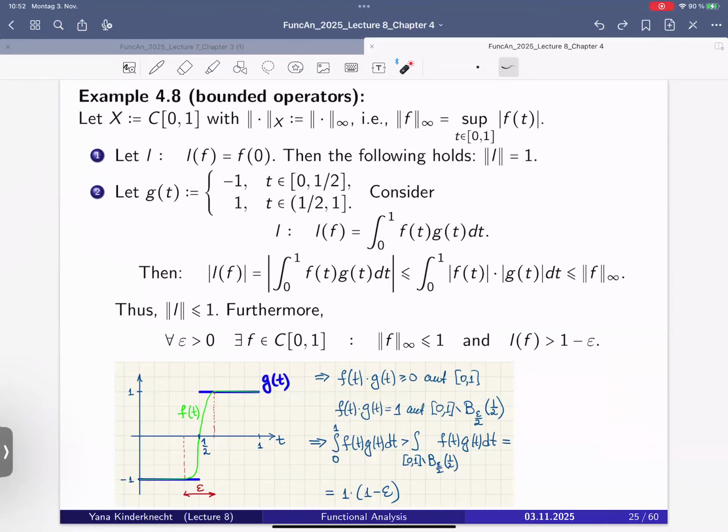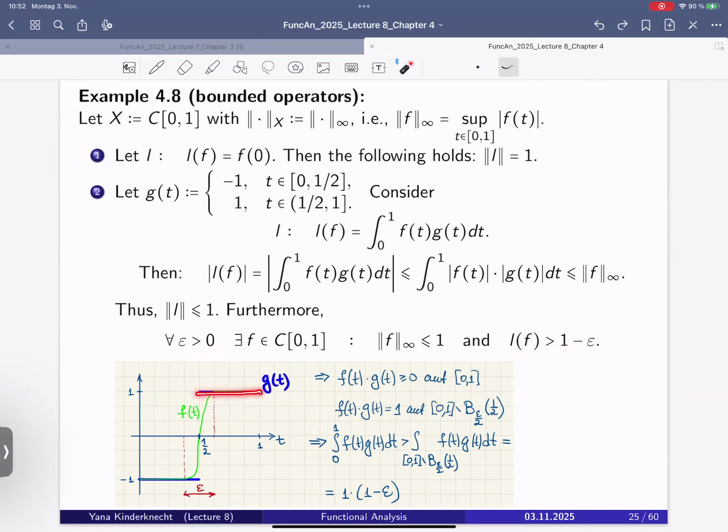But for any positive epsilon, there exists an element in our space which belongs to our closed unit ball, and such that L applied to this element takes the value 1 minus epsilon. So this we can construct in the following way.